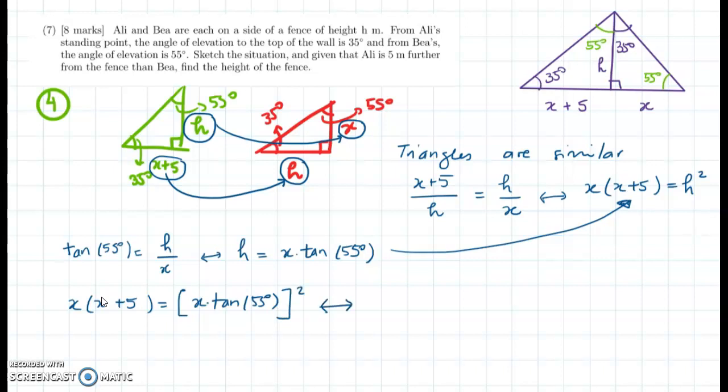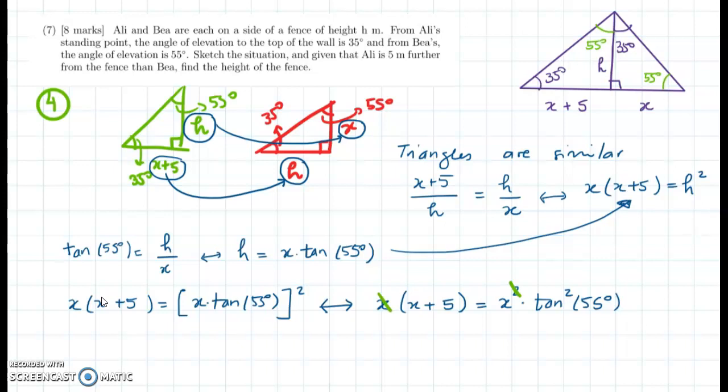Let me do one more step for you. So we have x times x plus 5 is the same. I need to square each of the factors inside my big bracket. I'm going to have x squared times tangent squared of 55 degrees. Now notice over here that we can simplify one factor of x on each side.